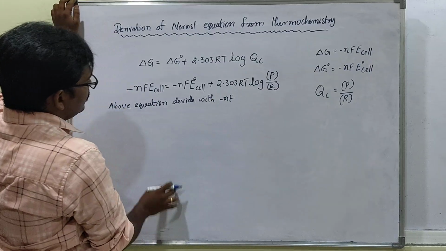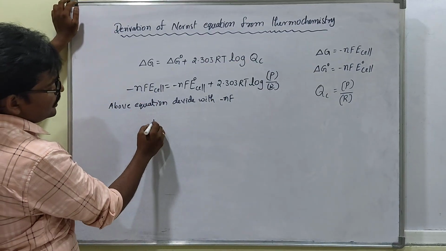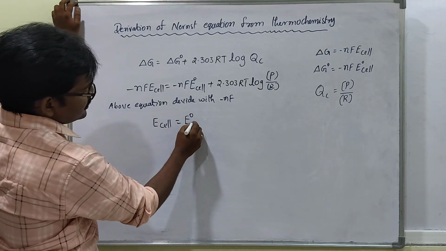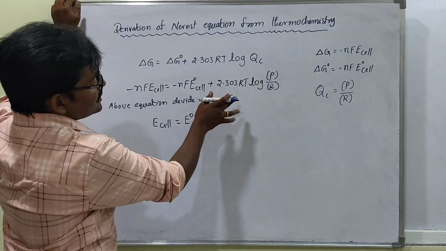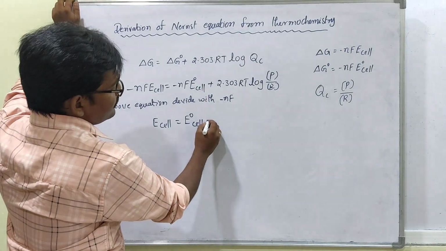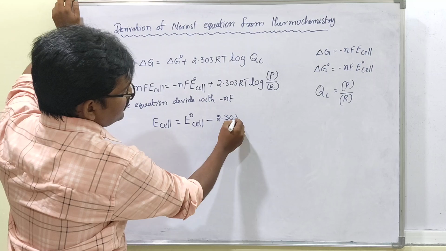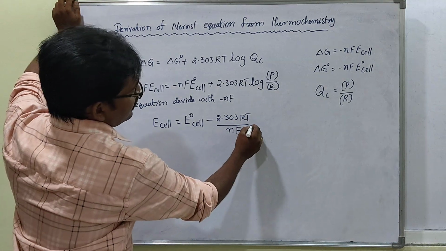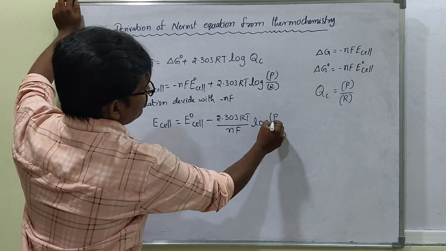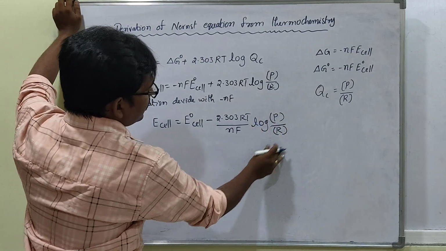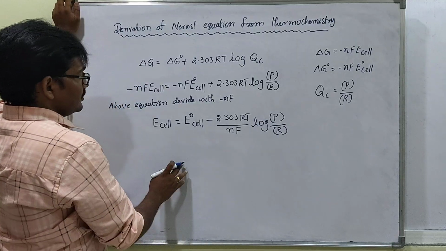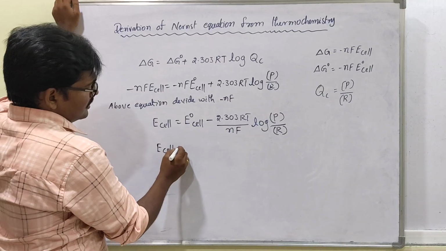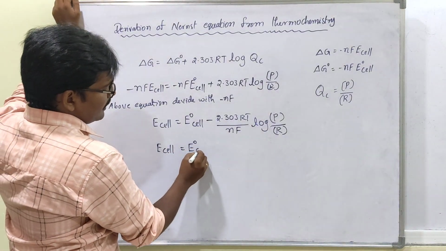When it is divided with minus nF, you can get E cell equals E naught cell, then minus nF multiplied by minus gives plus, then 2.303 RT divided by nF, then log product concentration divided by reactant concentration, right?